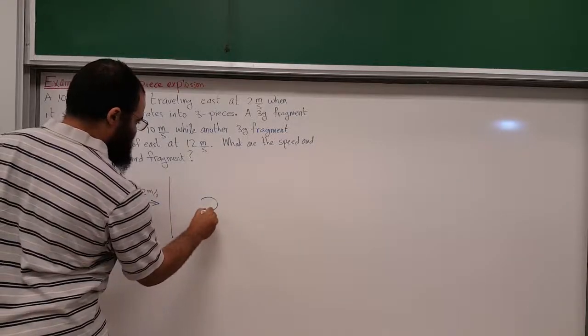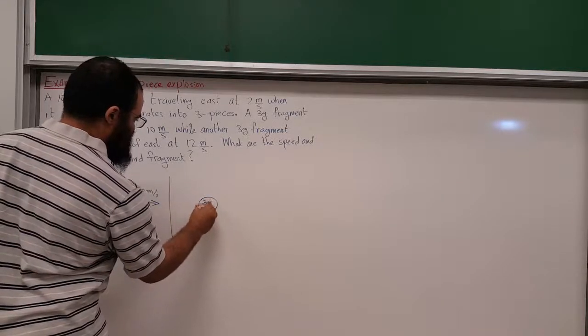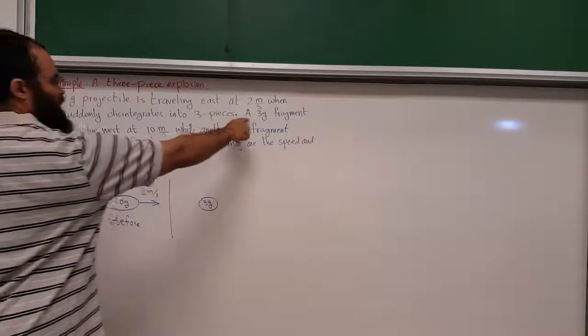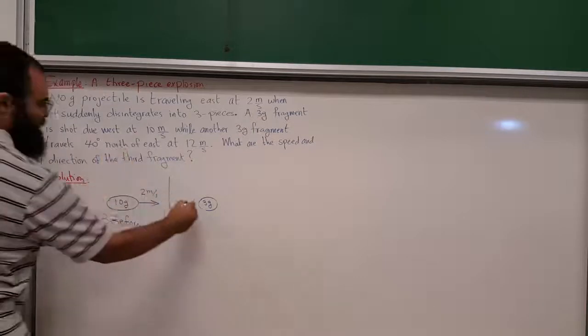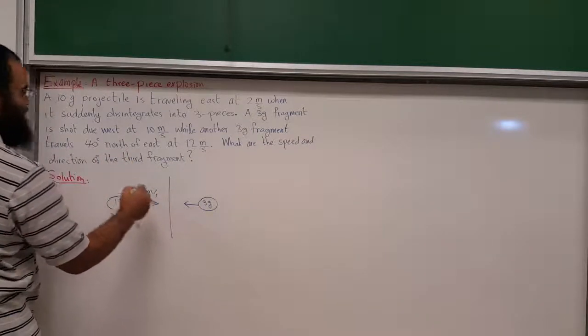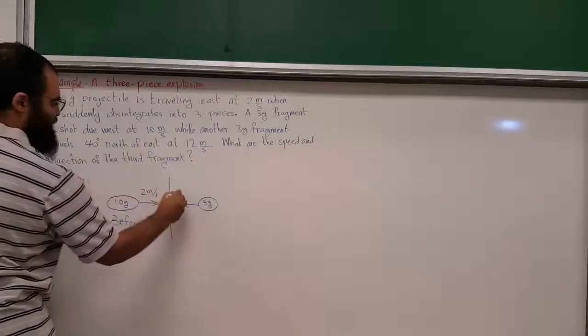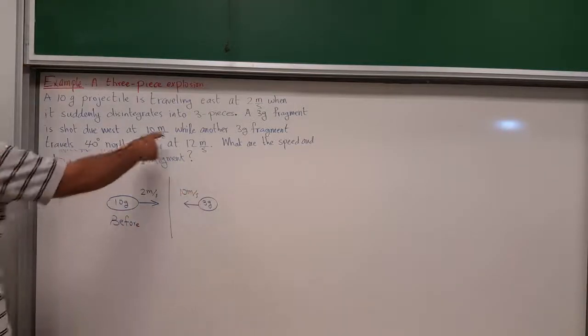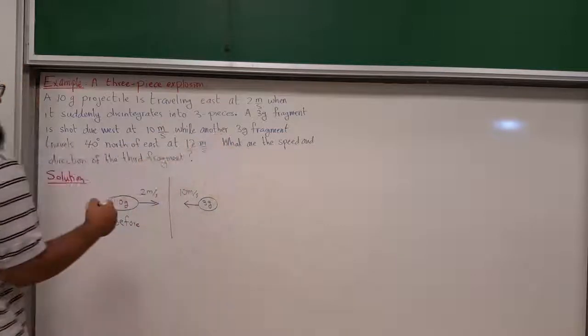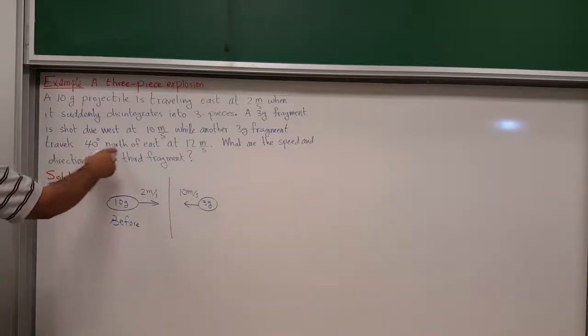The first fragment is 3 grams and travels due west, so west, this way, at 10 meters per second. Another one is also 3 grams and travels 40 degrees north of east.